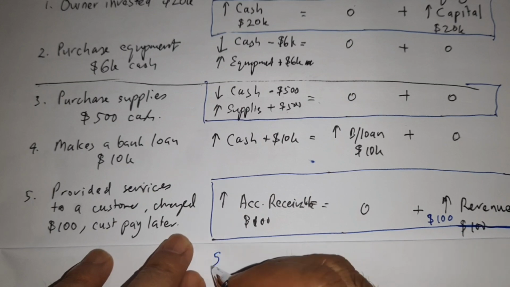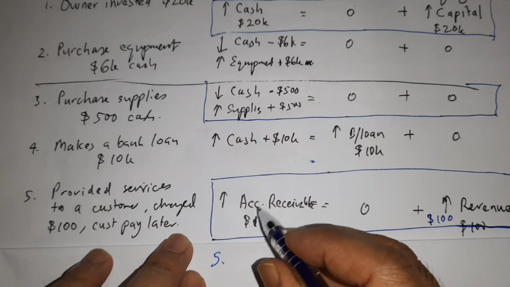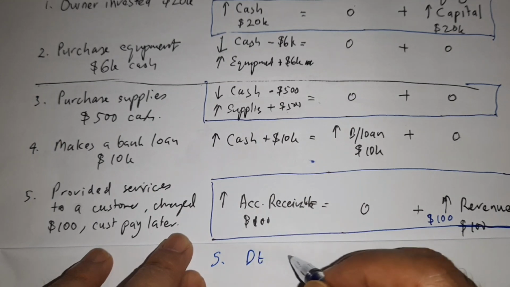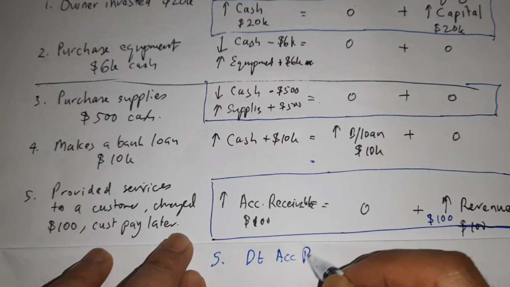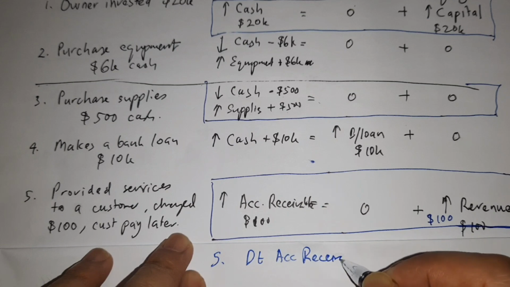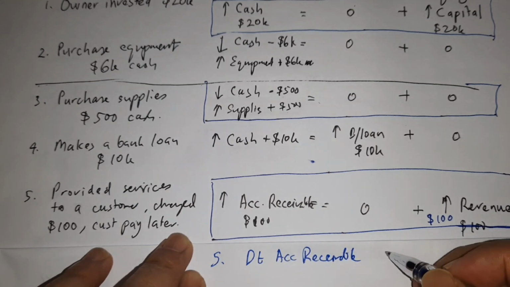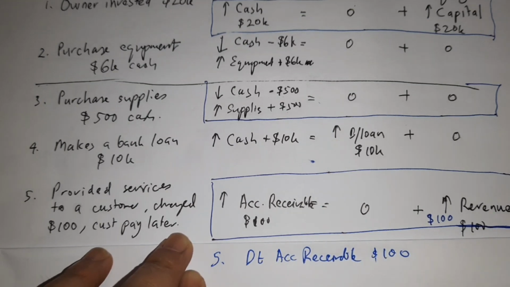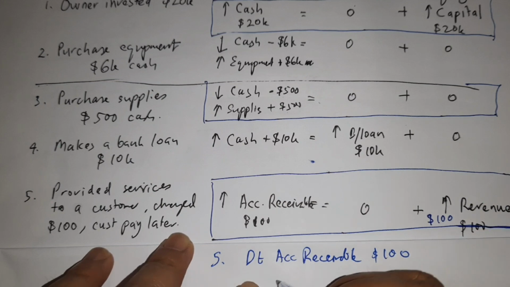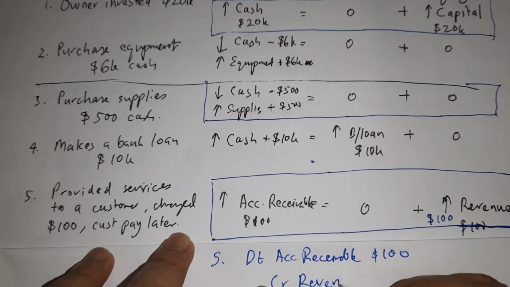So the transaction is number 5. Asset increases, you debit, so debit account receivable. The amount is $100. And then equity increases. So you refer to the rule of debit and credit. When the equity increases, you credit the account, credit account revenue, $100.